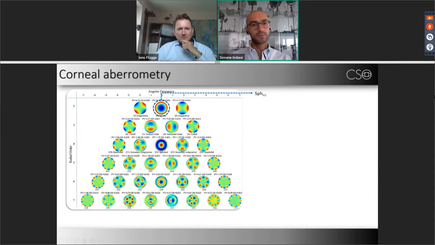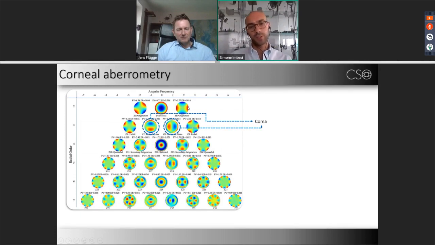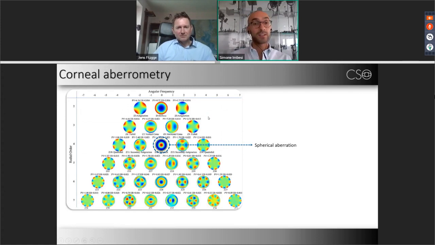Once again, just to describe the main aberrations reported here. Here we have the spherical equivalent. So what is myopia and hyperopia? Here we have the astigmatism. Here we have the coma aberration that we are going to describe, and the spherical aberration.